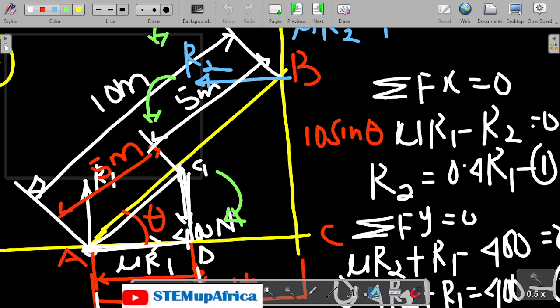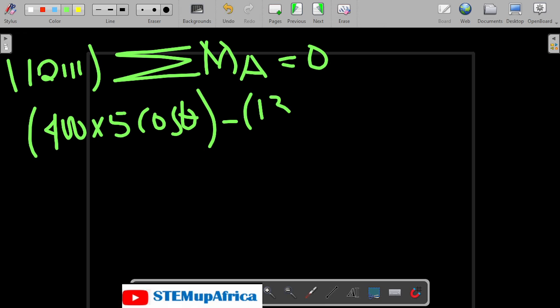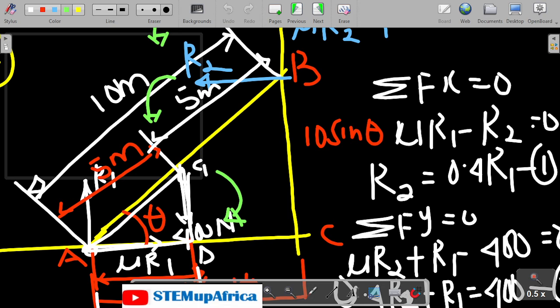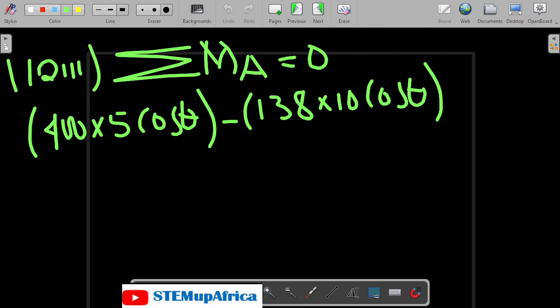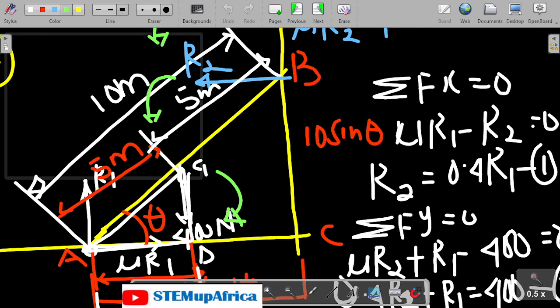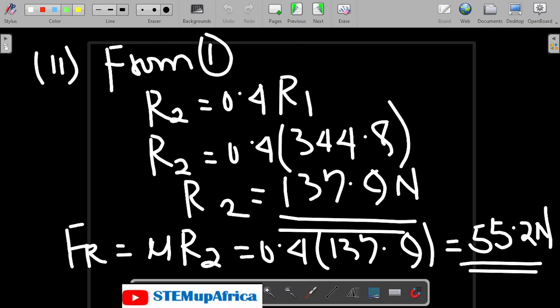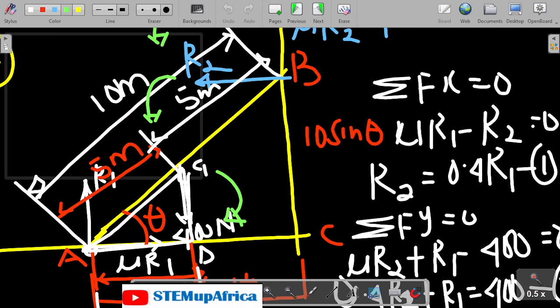So I'm having minus 138 times 10 cos theta. Then R2 itself times 10 sine theta.